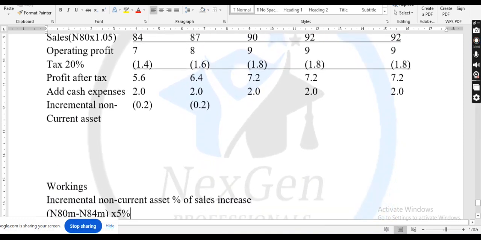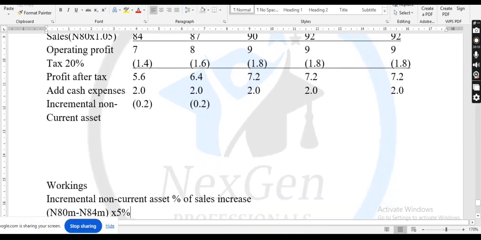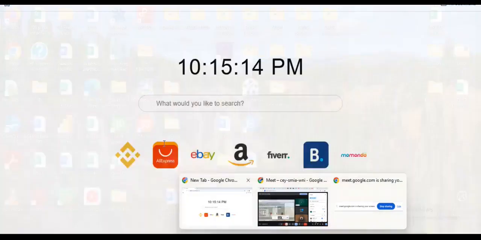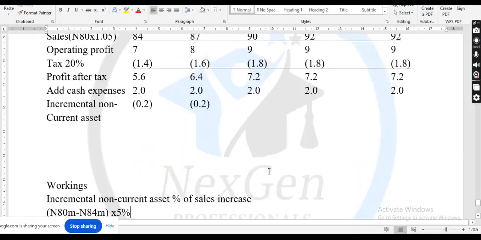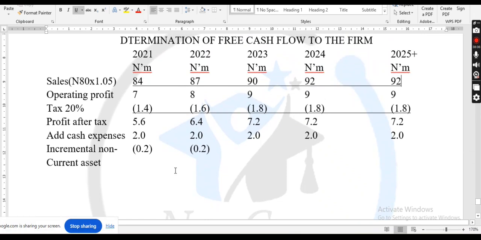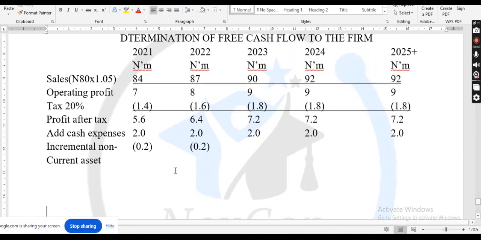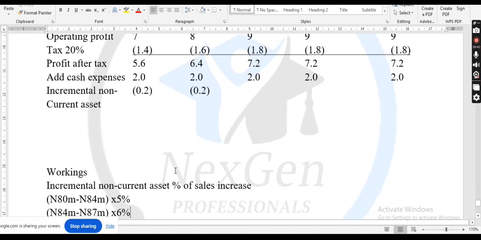Do you know how we arrive at it? It is given in the question that incremental non-current assets is a percentage of sales increase. Class, what is the sales increase? 80 for 2020 minus 84, times the percentage will give us the incremental non-current asset.